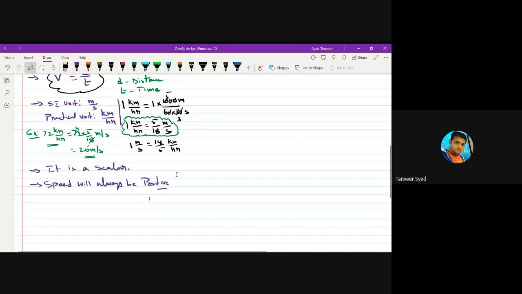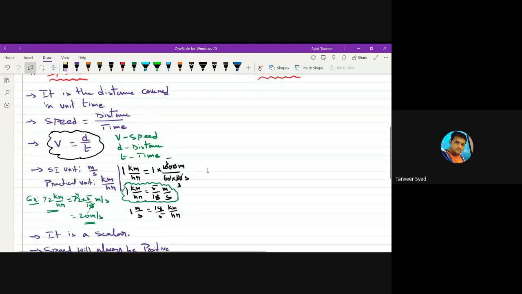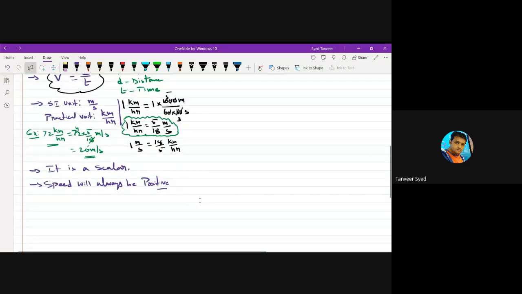Speed can never be negative or zero if a body is moving, because speed is basically distance by time. Distance can never be negative, which we discussed yesterday, and time can also never be negative. So two positive quantities divided will always give a positive quantity. Speed will always be positive.